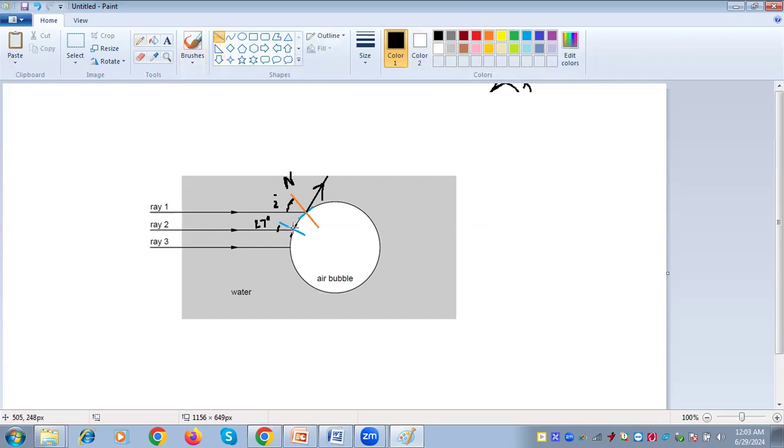It makes 37 in the air bubble, more than the angle of incidence. What will happen to the ray at this point? That will enter the water. Draw the tangent at this point, then the normal. Now it will bend towards the normal because water is a denser medium, like this. This is the path taken by ray 2.